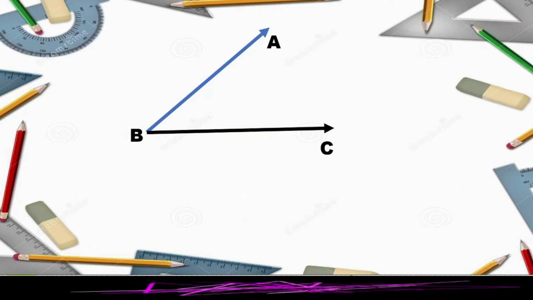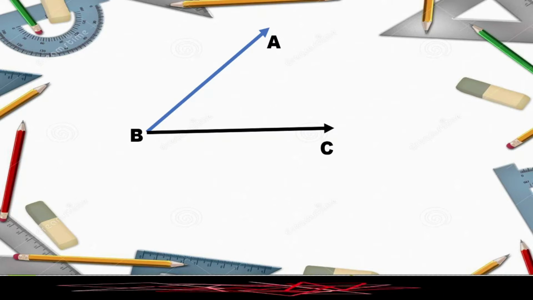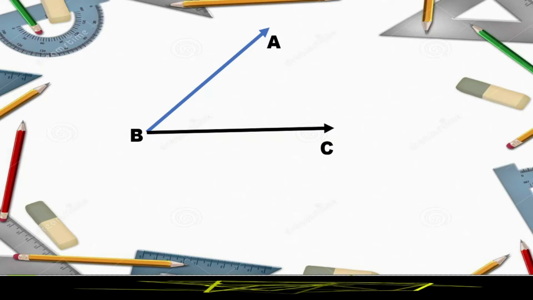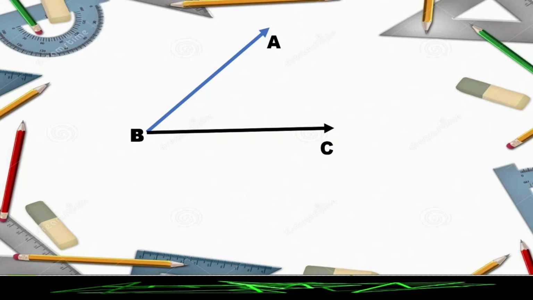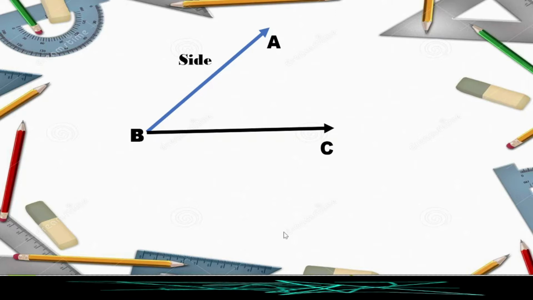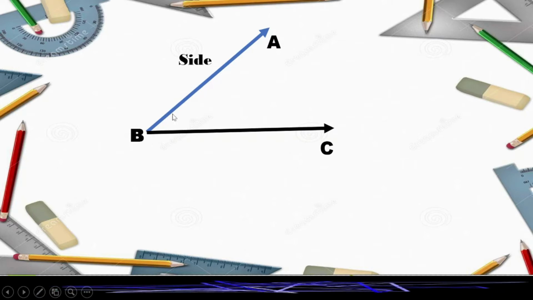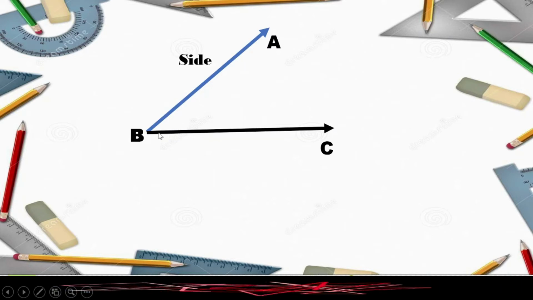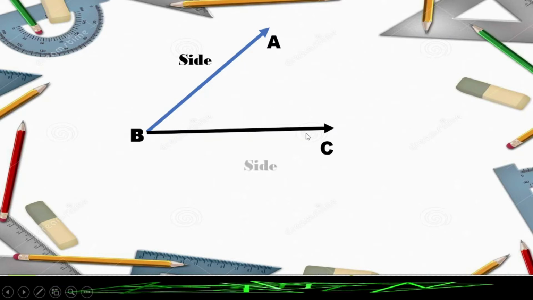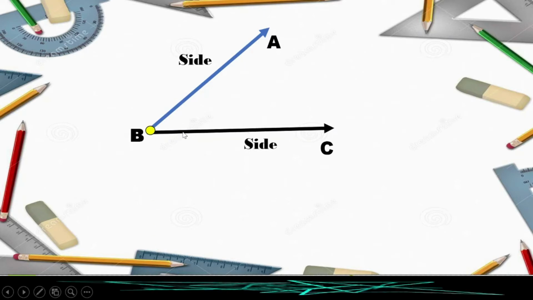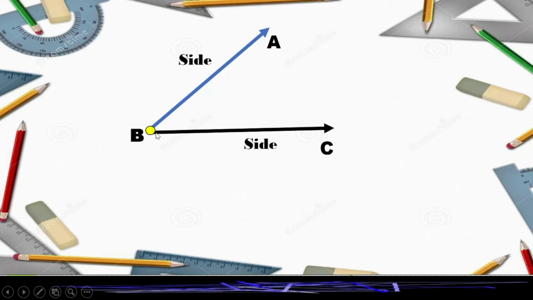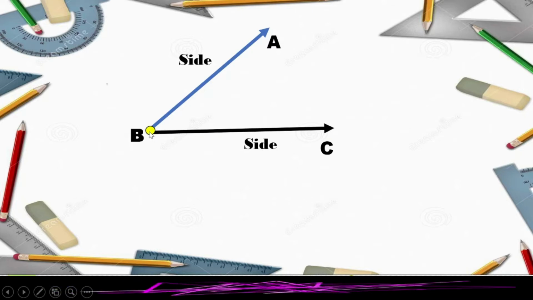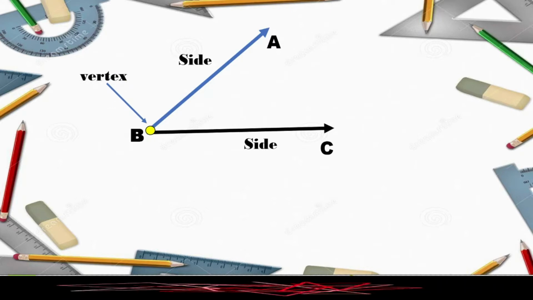We have an angle ABC. These rays or lines, we can call a side, and this is also a side. And this endpoint, we can call the vertex.